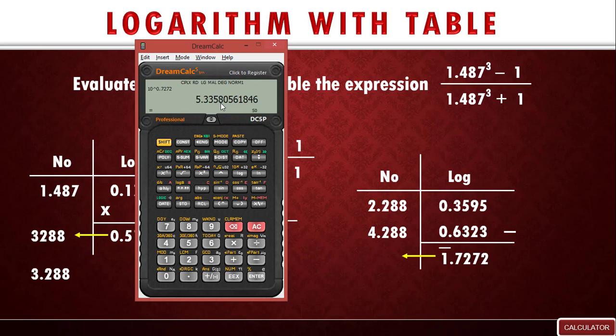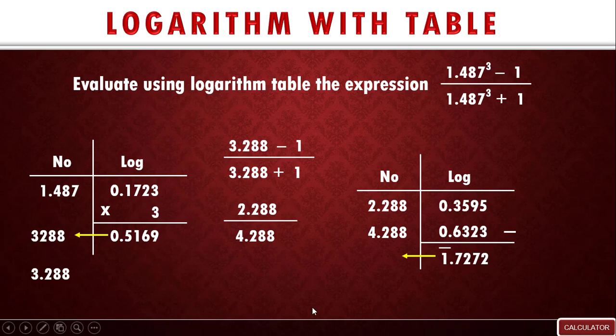If we approximate, the 8 makes this 5 become 6, and we have 5 3 3 6. So we are only making use of 5 3 3 6. We're not making use of the decimal, we're only making use of the 5 3 3 6. That's why I call this a workaround. Okay, then we have this value 5 3 3 6.